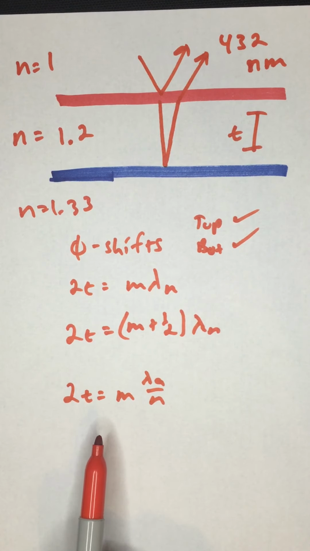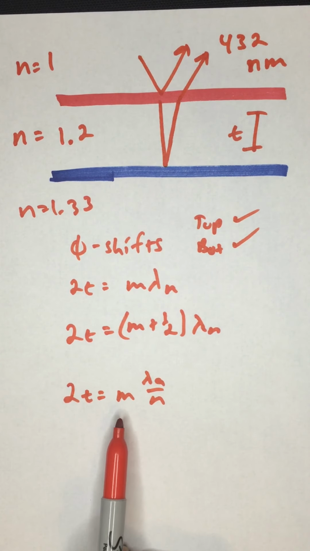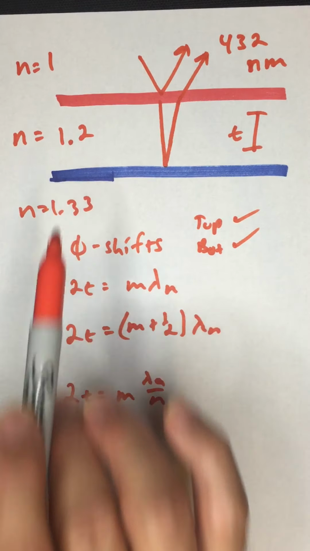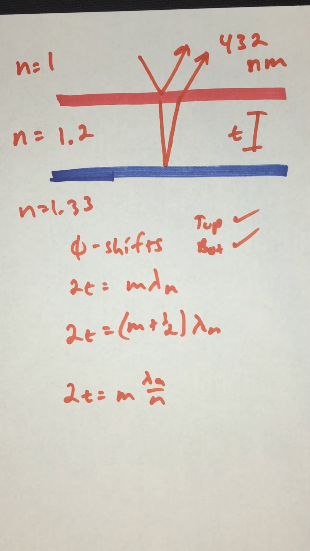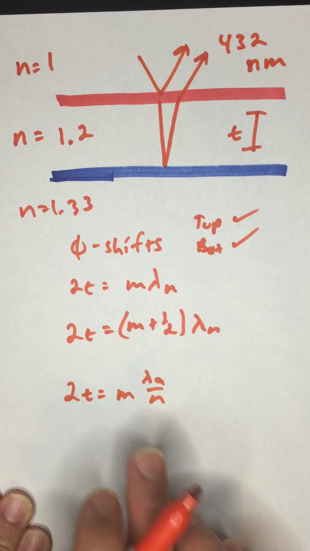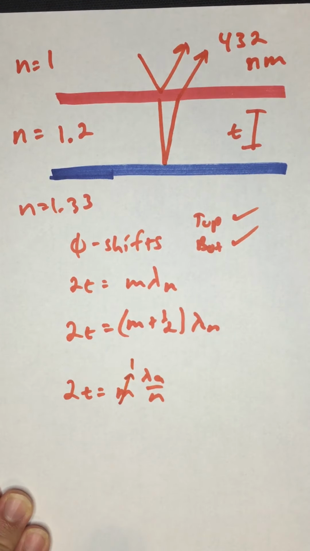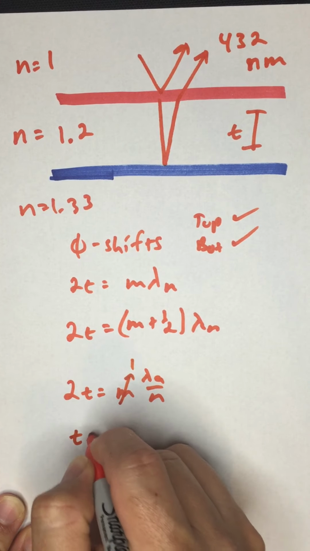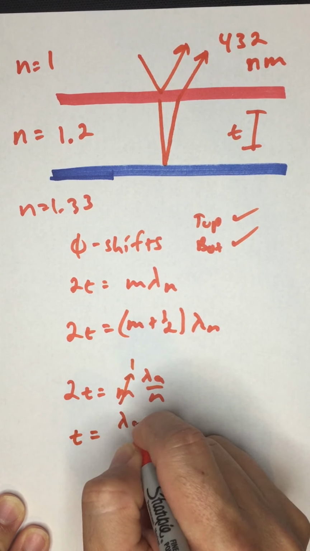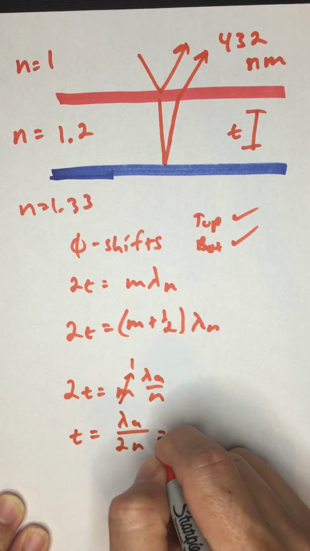Mathematically, it makes perfect sense. But physically, I'm going to have to restrict my m value here. I can't use 0 because that tells me there's nothing here. That means the thickness is 0. So the smallest m I can get away with here is 1. So let's let m be 1. And what I get if I solve this is t is equal to lambda in air over 2n.